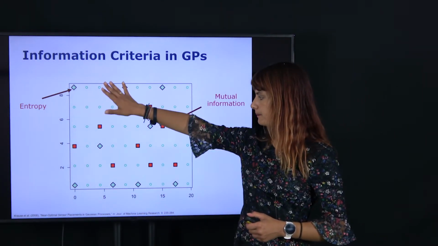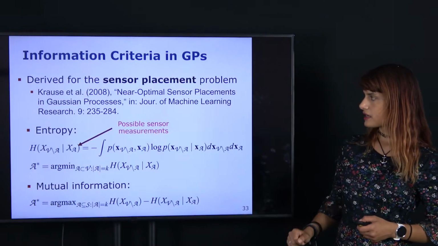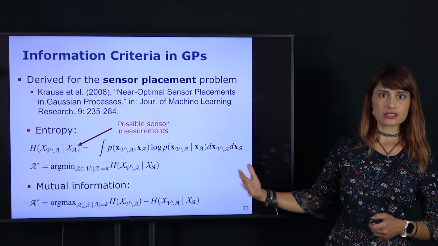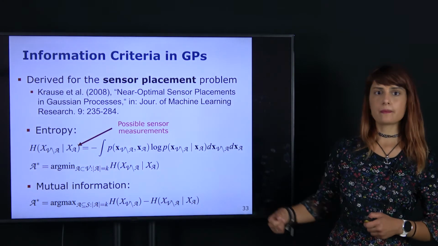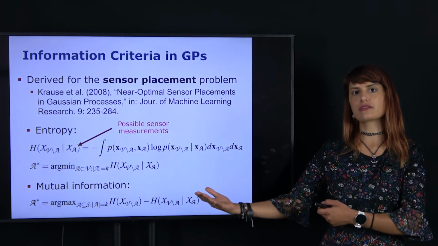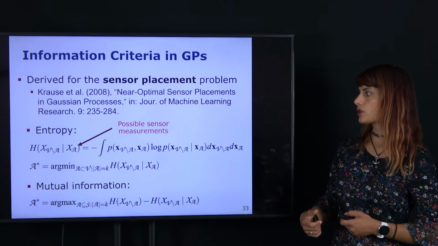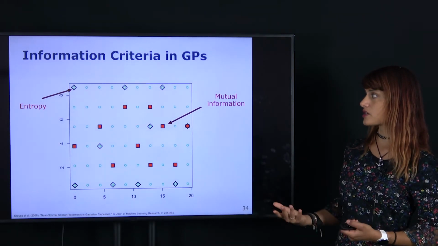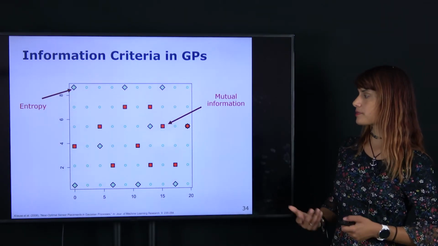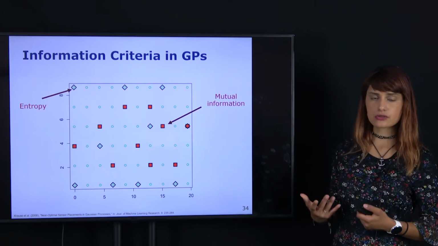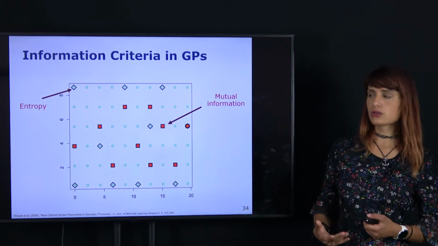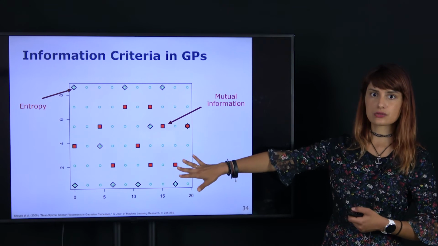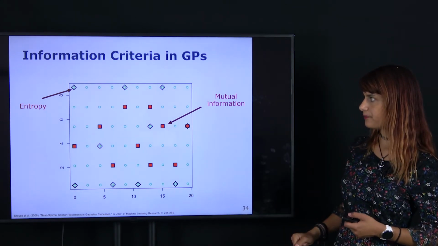So in summary of these slides, we derived some information criteria for GPs, which is the model that we use to capture environmental phenomena. And we looked at, in practice, if we were to place measurements, how they would be spaced using these two criteria, and drew the conclusion that mutual information leads to better spacing visually.